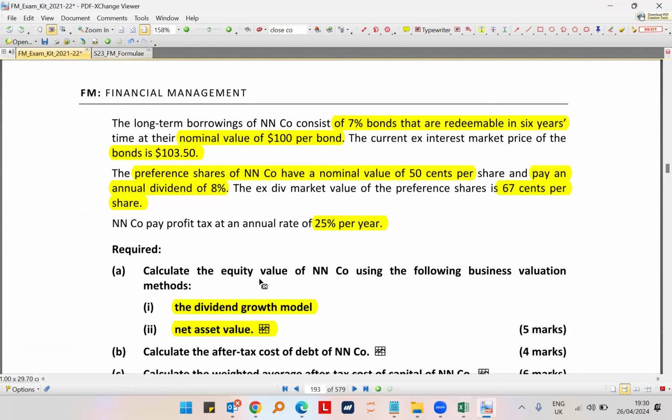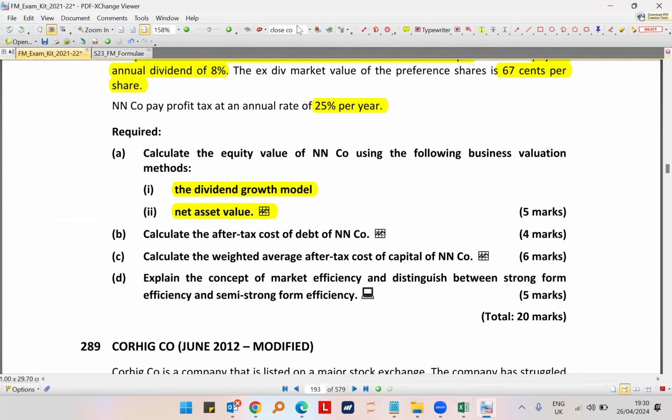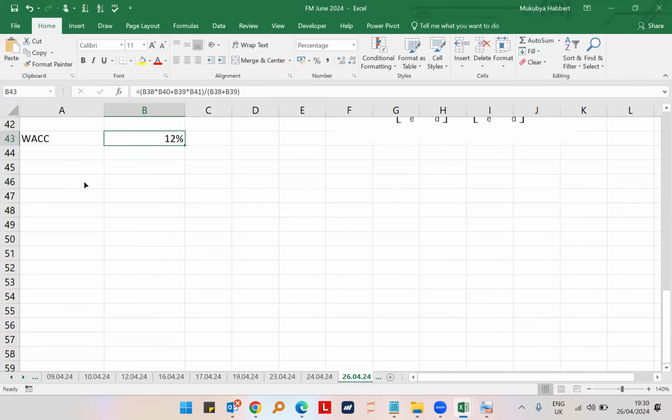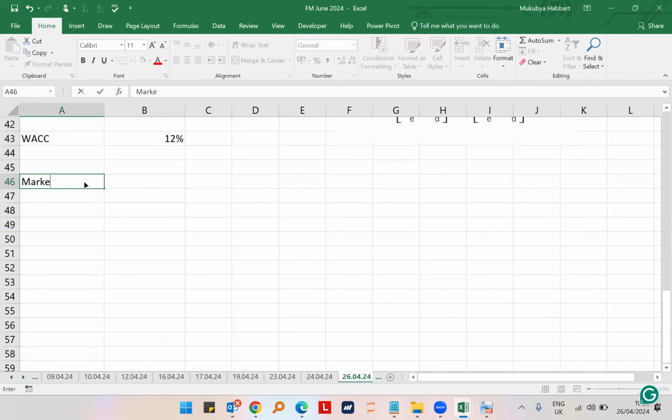The last part of the question says, explain the concept of market efficiency and distinguish between strong form efficiency and semi-strong form efficiency. So now, market efficiency. If you remember, we said that market efficiency means how fast information is incorporated into the share price.